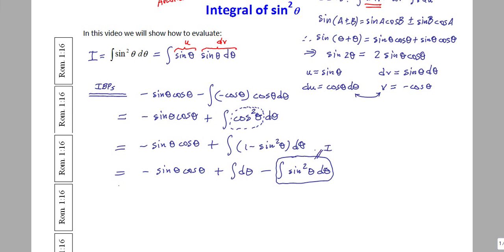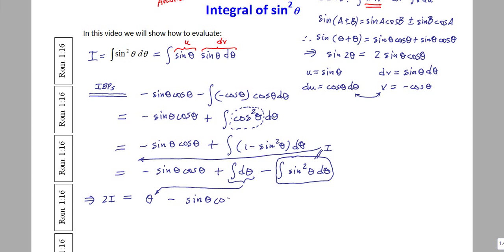Okay, and I'm going to go ahead and take this I to the other side. So I'm going to get, in fact, 2I's like we did in the last video. Alright, so we get 2I's on the left-hand side is equal to theta, which is the result of integrating d theta, minus sine of theta cos of theta.